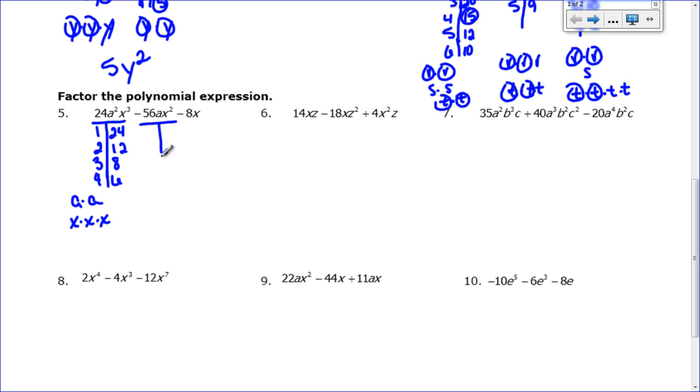Then for my 56, I have 1 and 56, 2 and 28, we have 4 and 14, and then we have 7 times 8. So there are our factors. And then I have my a and my x times x. And then for the number 8, I have my 1 and 8, my 2 and 4, and then my x.